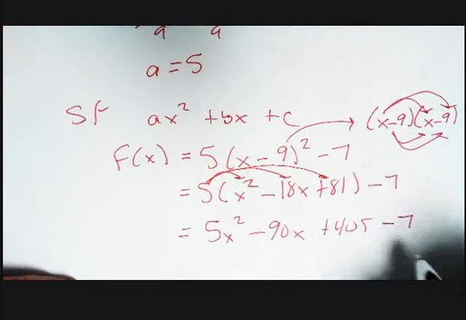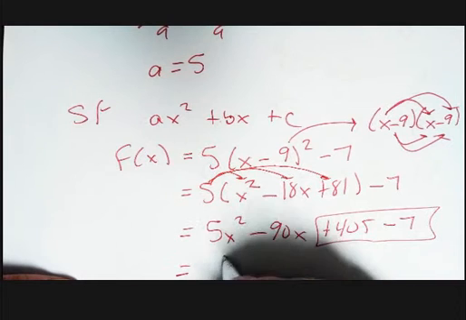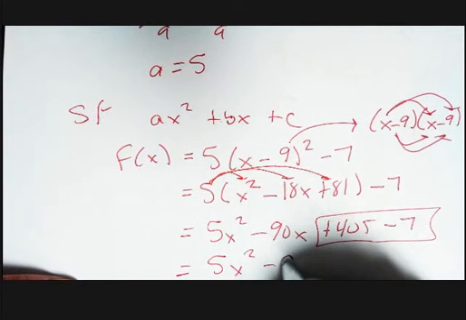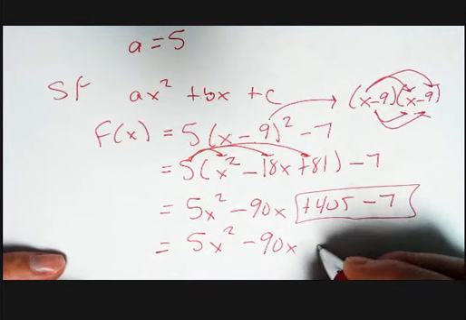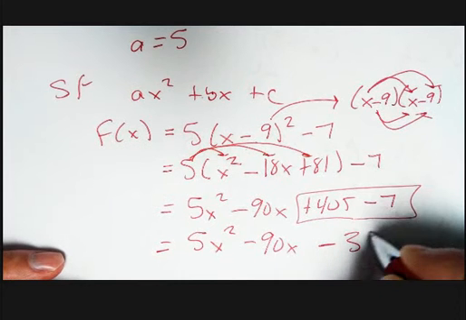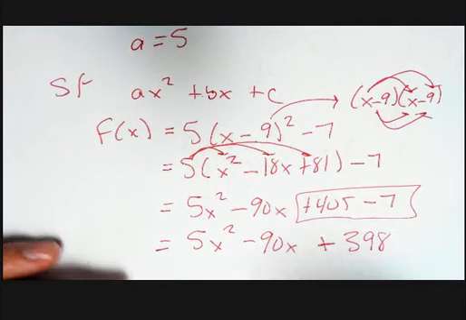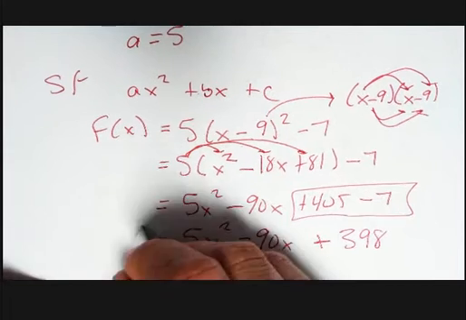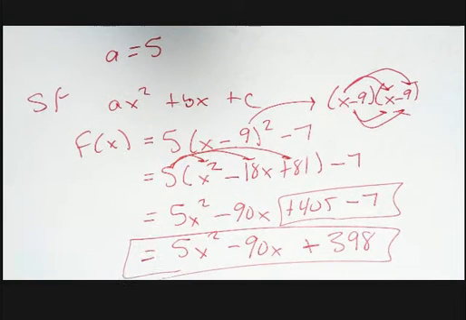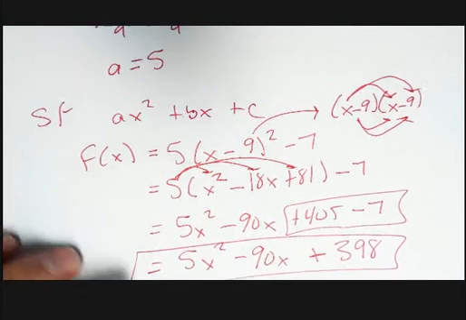And then combine what's in common here, so you get 5x squared minus 90x plus 398. And that is our equation in standard form instead of vertex form.